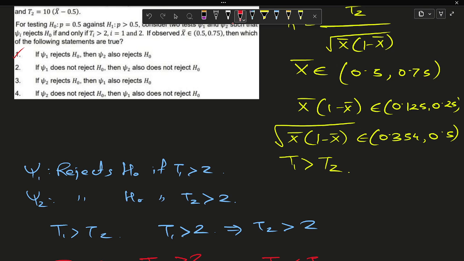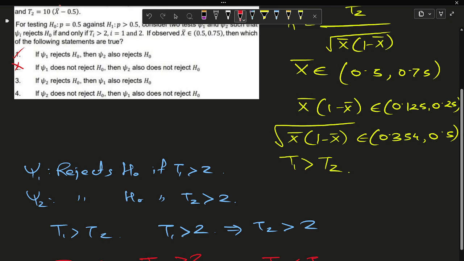So phi 2 might reject H0, and our option 2 is a false statement.